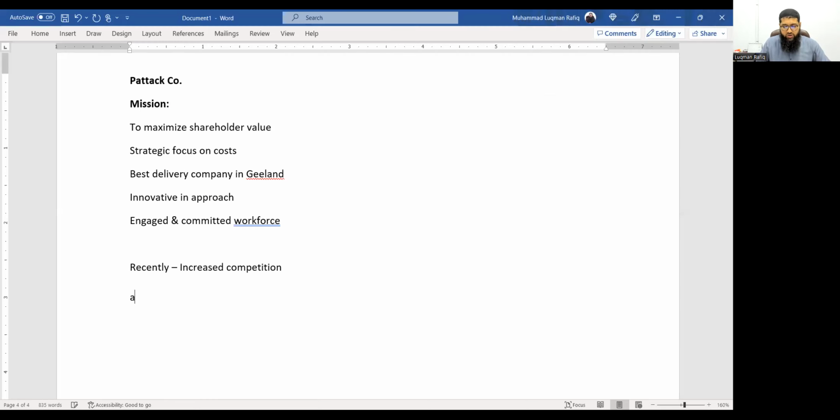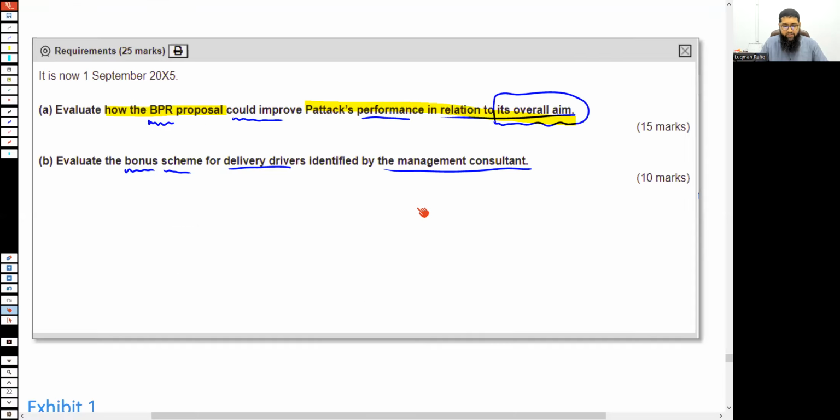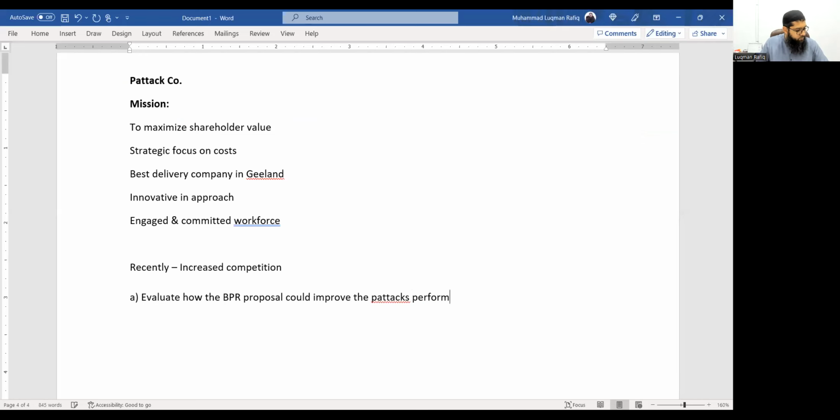So the question's requirement A says: evaluate how the business process reengineering proposal could improve Patek's performance in relation to its overall aim.